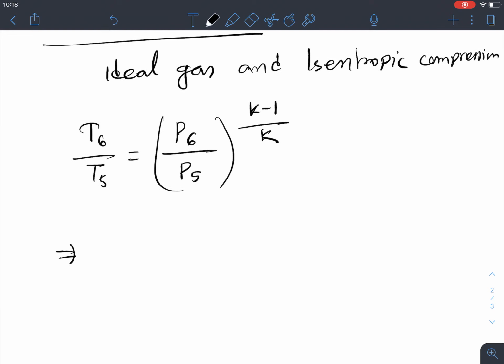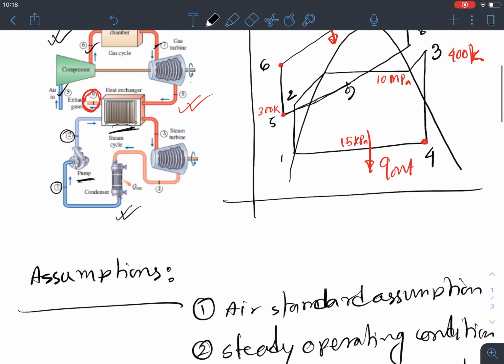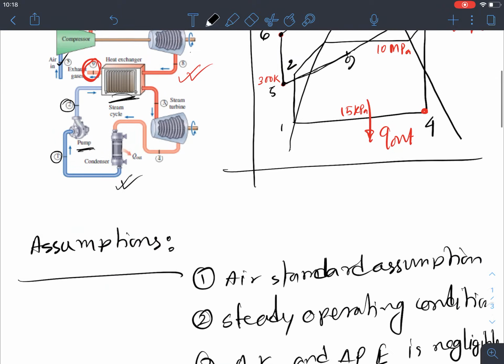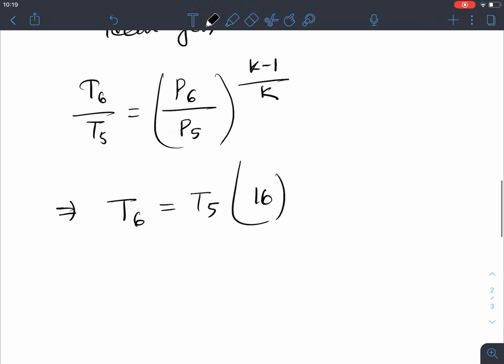What are the things we know here? We don't know T6, however we know T5, and we also know the pressure ratio, which is nothing but the pressure after compression divided by pressure before compression, which is 16, given for this particular problem. So it will be 16 to the power (1.4 minus 1) divided by 1.4.